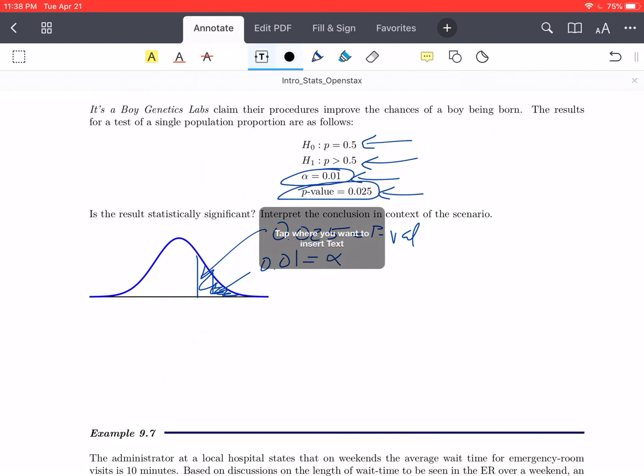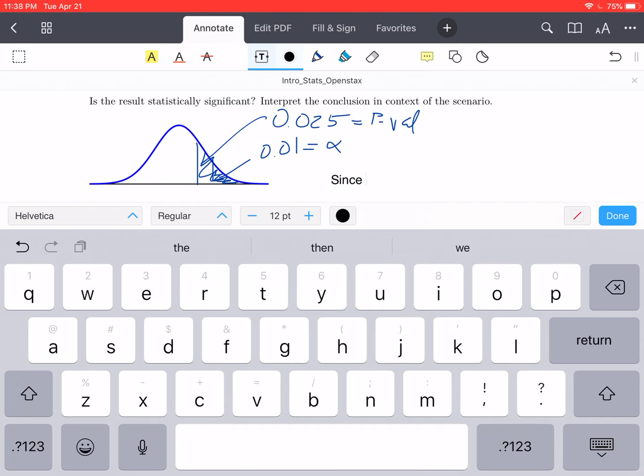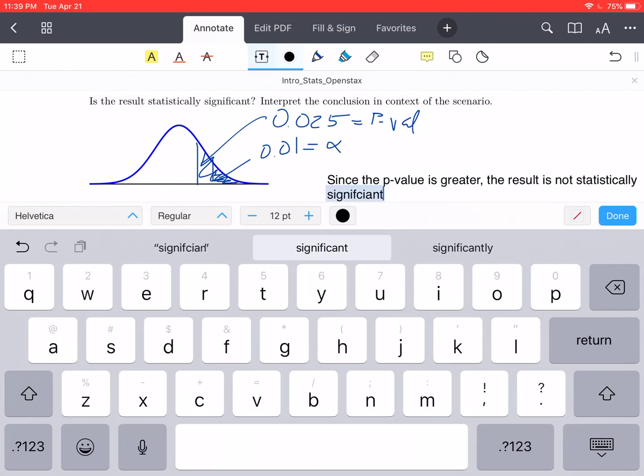So that's not boding well for their procedure. Since the p-value is greater than alpha, the result is not statistically significant.